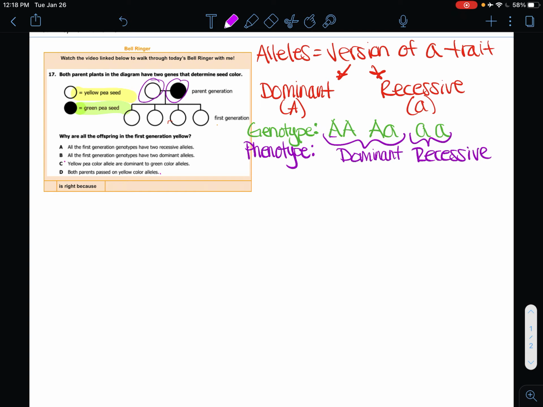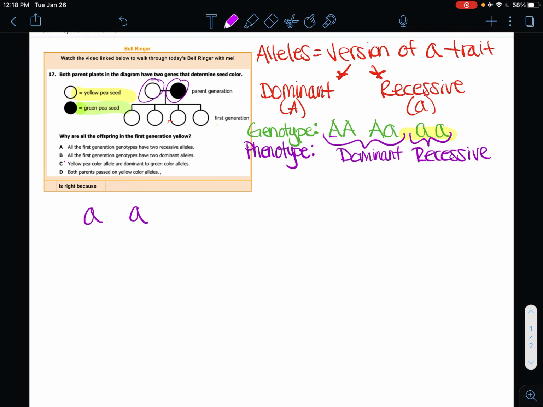So the good thing about recessive is, and let me highlight it here, there's really only one option of what that genotype can be, because it's the 2 lowercase a's. So we know for sure whichever parent is recessive, again, we're not totally sure which one is yet, is going to have those 2 lowercase a's.